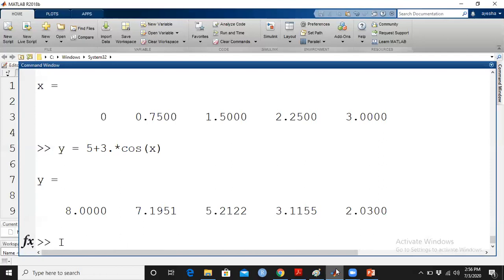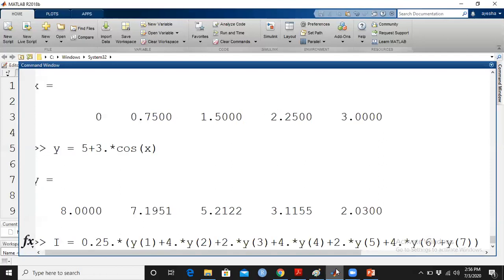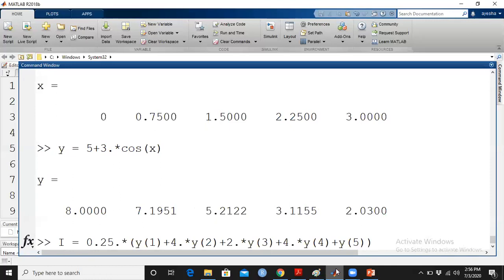Let me show you how I did it using MATLAB, and then of course you can do it using your pen and paper. Because you are learning the method, I suggest you do it on your notebook.